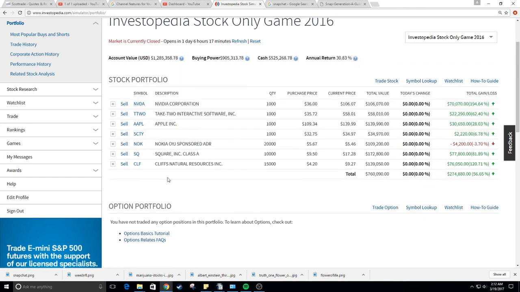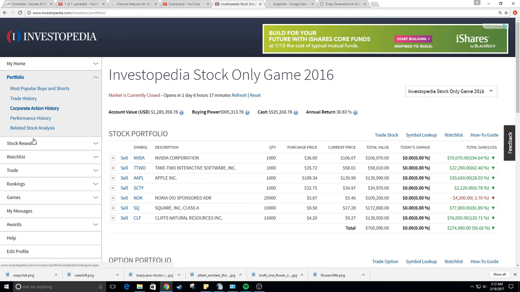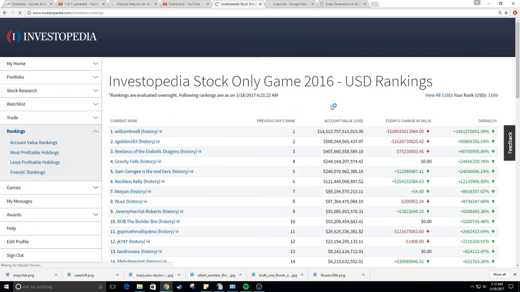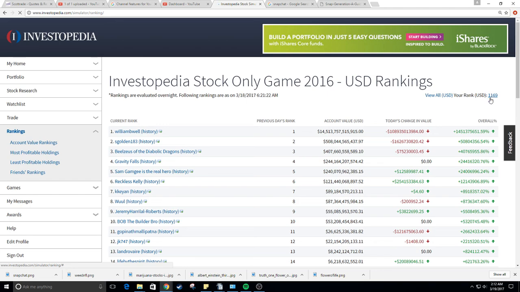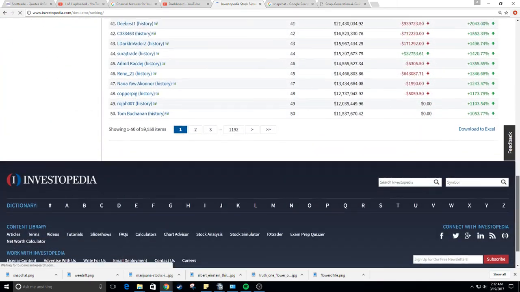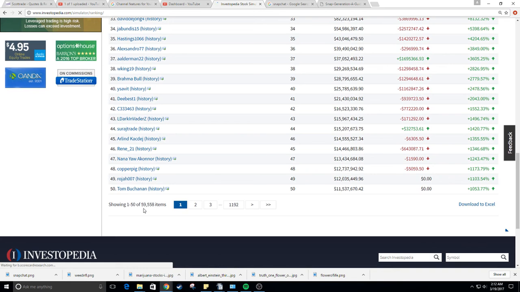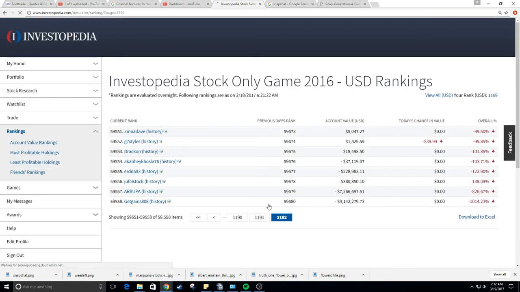I would recommend everyone do this as well, because you get to see how you compare to other people. So if I look at my account value rankings, my rank is 1169. That's out of, well, let's see, we have 59,000 pages, so let's just go all the way to the last.